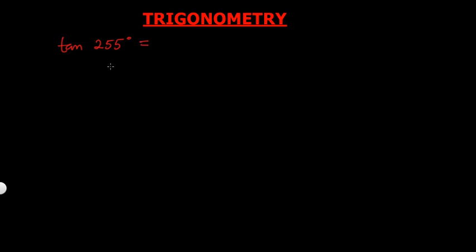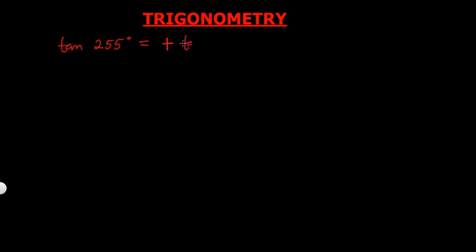255 degrees falls into what quadrant? It is more than 180 and less than 270. So automatically it falls in the third quadrant. And when it falls in the third quadrant, it becomes plus, because tan is positive in the third quadrant.